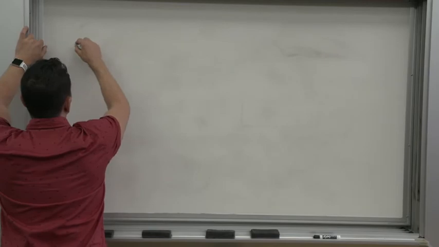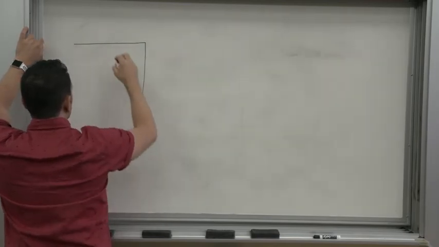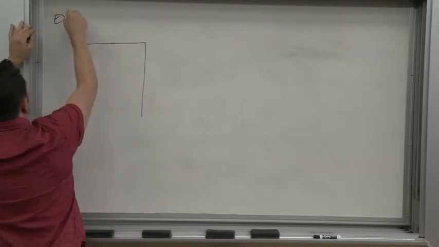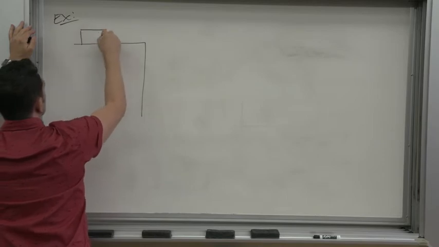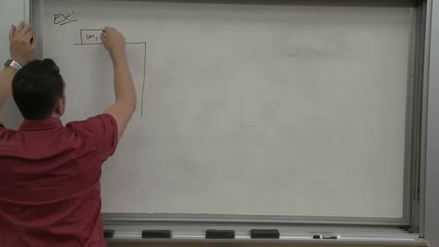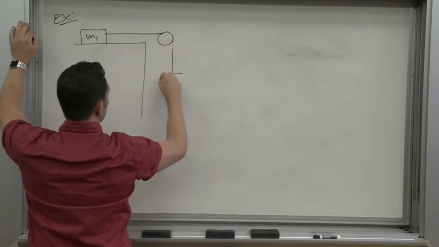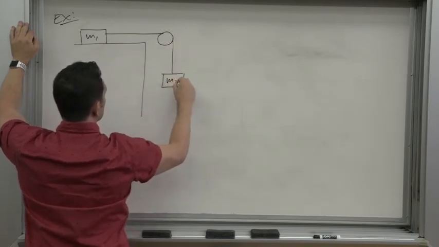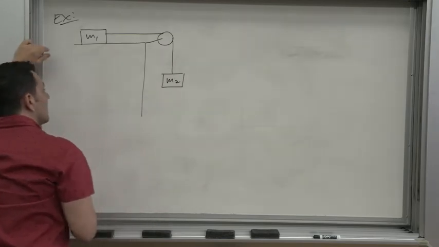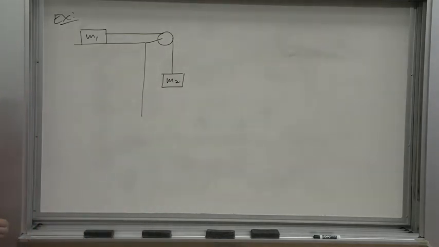So we've already done a problem like this. Let's suppose we have mass m1 connected to a frictionless pulley, no friction, by a string that then connects to a mass m2.